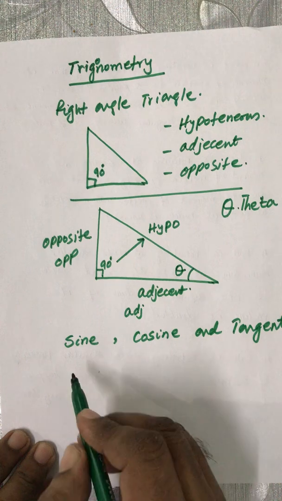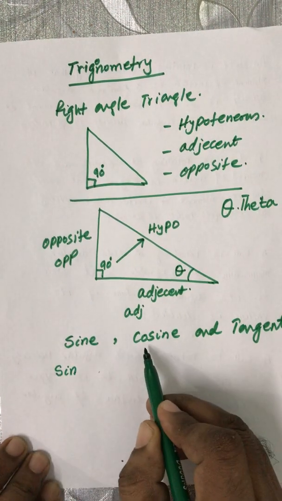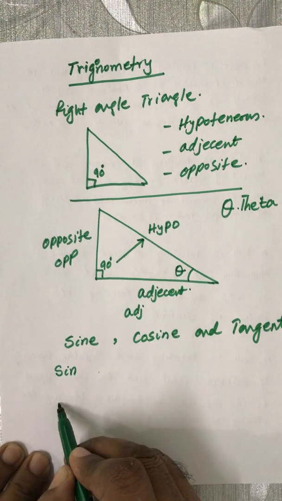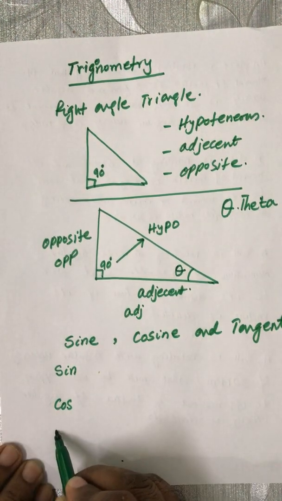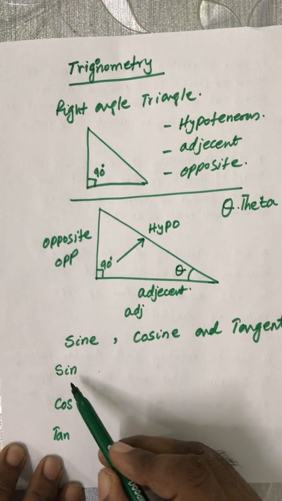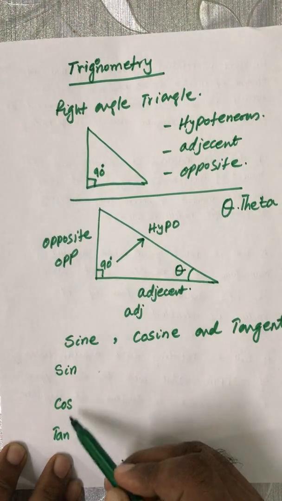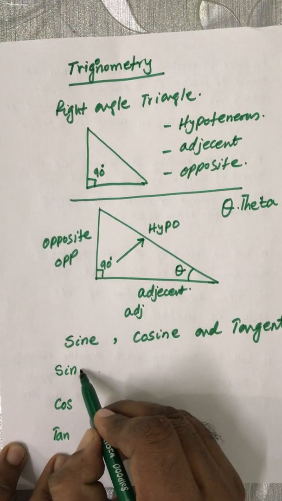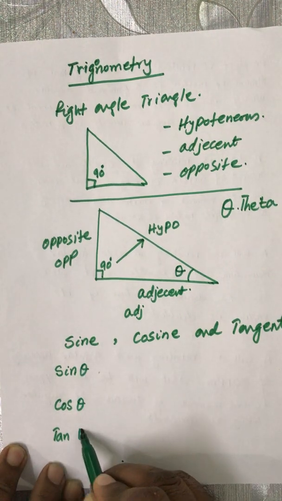In the short form, we write sine as sin, cosine as cos, and tangent as tan, but we will read it sine, cosine, and tangent. Then it will be sine theta, cosine theta, or tangent theta.